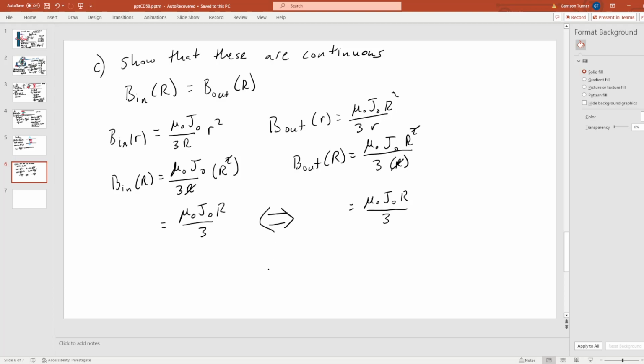Okay, this is a really good check to make sure you got the right answer in both regions. If you don't find that they're the same, you know something went haywire.